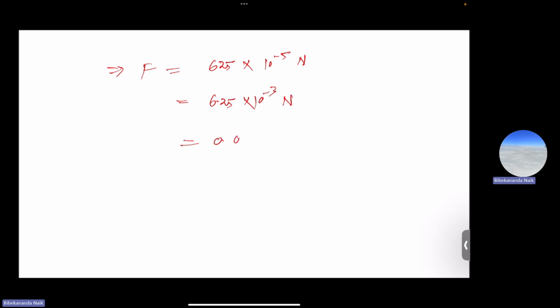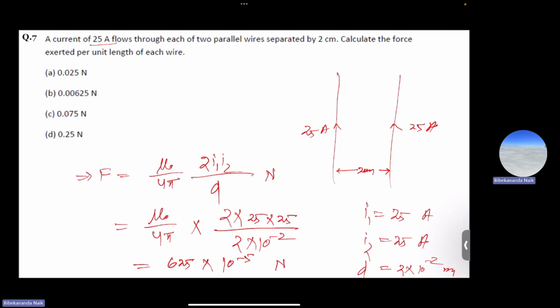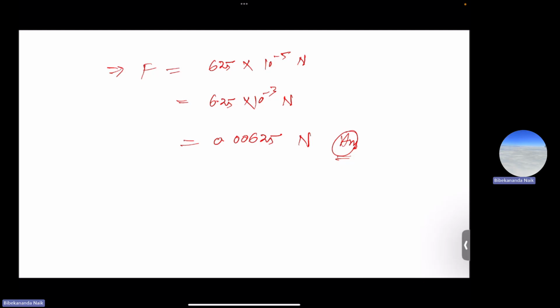That is 0.00625 Newton. So this is the answer. So 0.00625 Newton. Correct answer is option B.